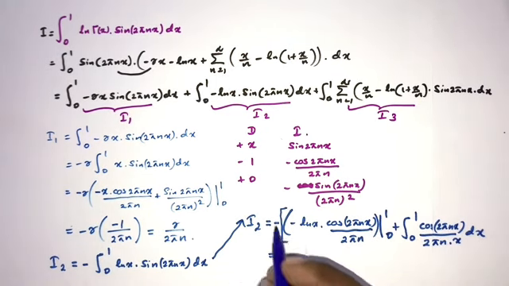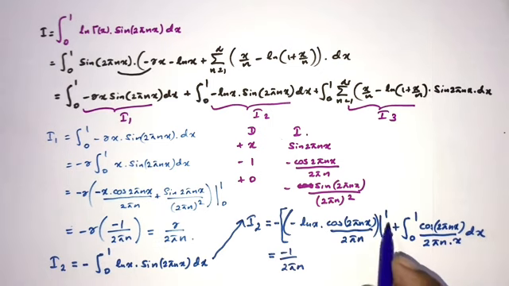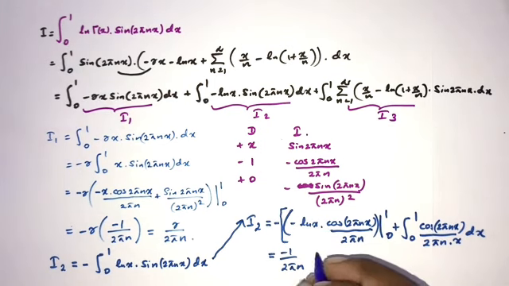So here minus 1 over 2 pi n. Now if we apply 1, natural log of 1 we know is 0, then minus, here minus, so plus.